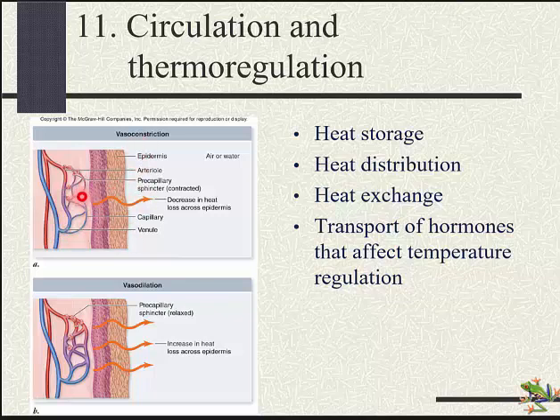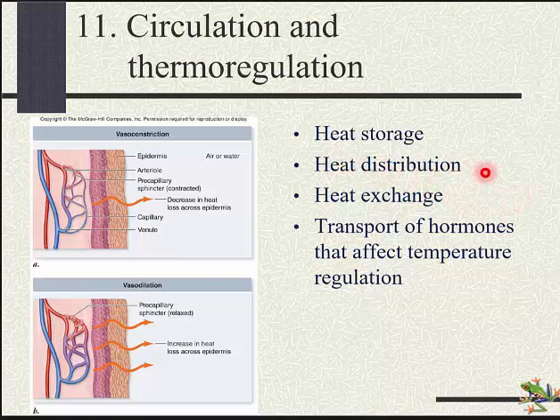They go a little bit deeper into the skin so that they don't lose as much heat. And that usually makes people look a little bit bluish, as opposed to vasodilation. When the body overheats, it can get rid of excess heat by dilating the blood vessels under the epidermis and increase the heat loss. So that is the heat exchange.